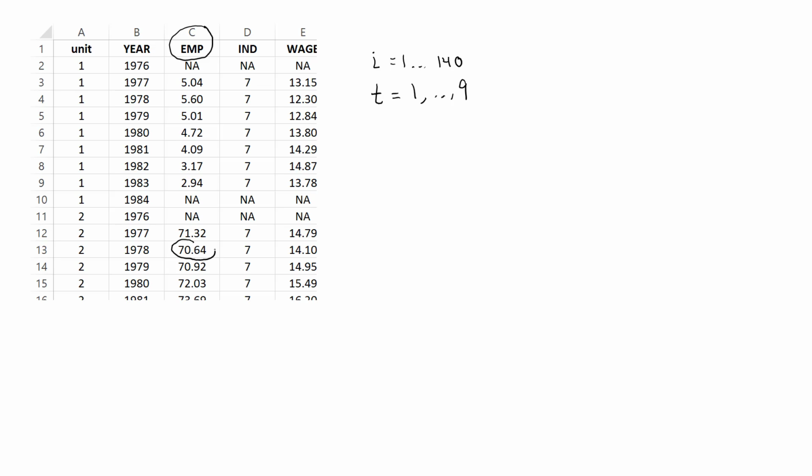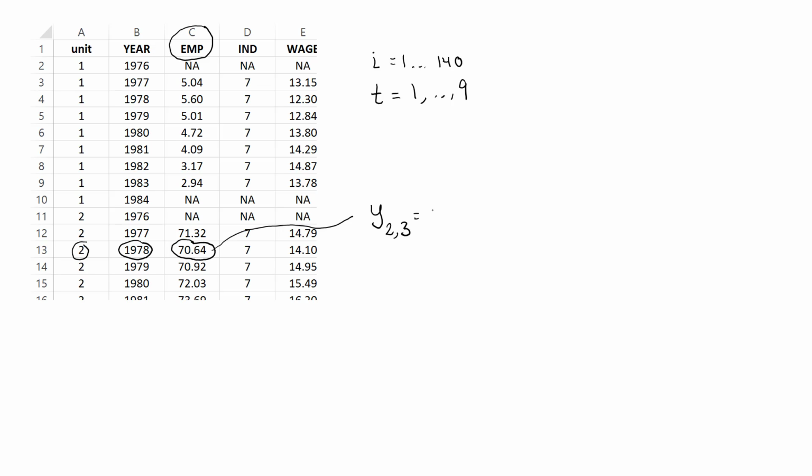So for example, if we consider this number here, that would be the employment of the second firm in 1978. And since we want to use employment as our dependent variable, we will denote this by y. We will use two indices for the dependent variable, and the first index will always refer to the cross-sectional unit. So that would be y 2 comma 3, this is the third time period, 76, 77, 78.